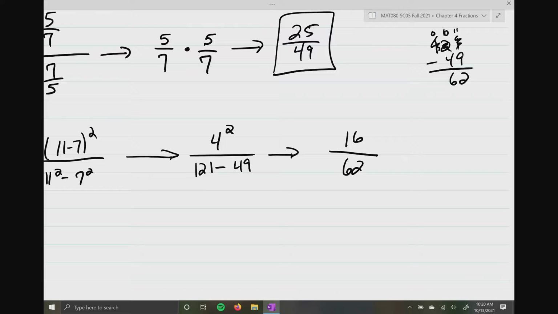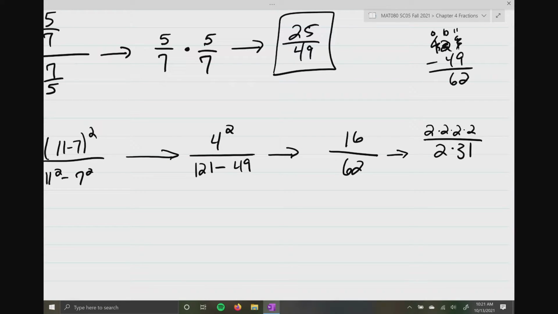So far, so good, everyone? Now from here, you always need to make sure your answer is simplified. 16 breaks down into 2 times 2 times 2 times 2. And I think 62 is 2 times 31.